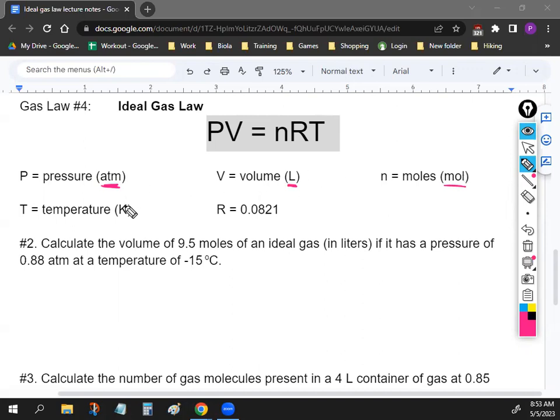The temperature is always in Kelvin. So again, degrees Celsius, you have to turn it into Kelvin. And then R is the one that's the best because it is always the same number. This is a gas constant. Because it's constantly the same number, make sure you jot down R right here. R will always be 0.0821. No matter which ideal gas law problem you're solving, it'll always be 0.0821.